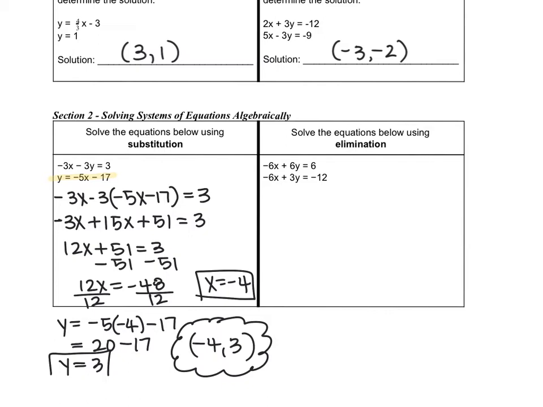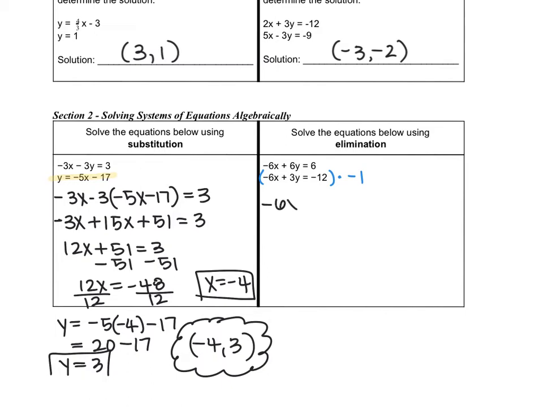But if I look, my x's already have the same sign, the same coefficient, which means if I want to eliminate x, all I have to do is multiply one of the equations by -1. And it doesn't matter which equation I multiply by -1. I'm going to go ahead and multiply the second equation by -1.